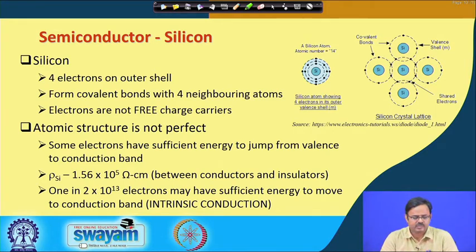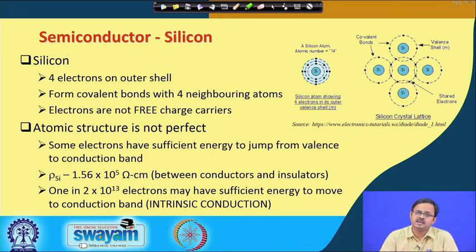So it forms 4 covalent bonds with 4 neighboring atoms, and therefore the electrons are not free charge carriers. So electrons are not free for carrying charge. So, the atomic structure is not perfect.